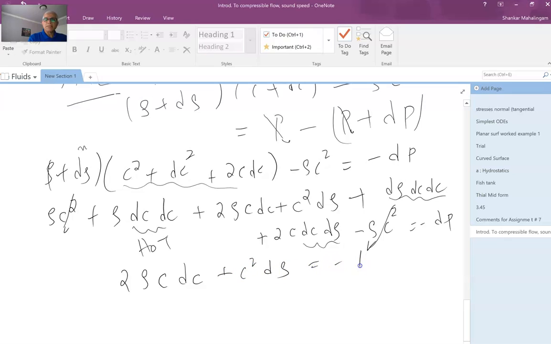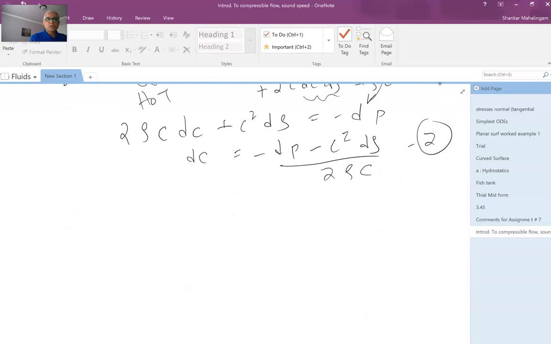equals negative dP. Okay, and so I can solve for dC as negative dP minus C squared d rho, divided by 2 rho C. So label this as equation 2.